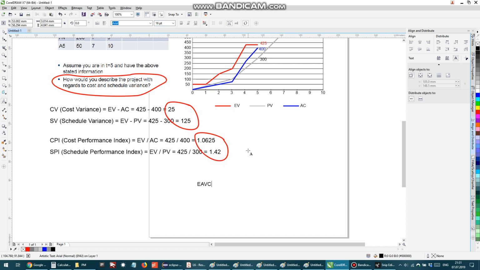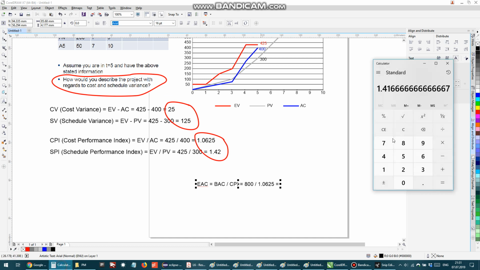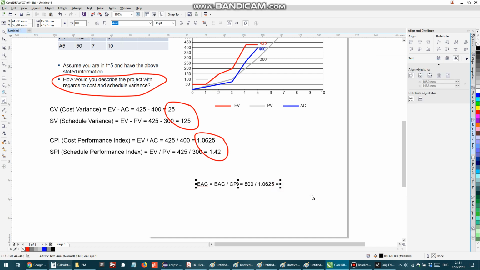Estimate at completion is equal to BAC, budget at completion, divided by CPI, which is 800 divided by, what is our CPI? 1.25, which is 800 divided by 1.25, 753 approximately.